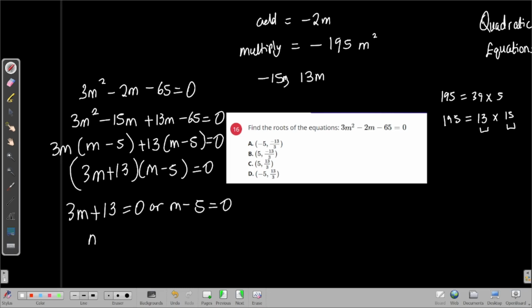Okay, so m is equal to minus 13 over 3, or m is equal to 5. So my answer here is B: 5 comma minus 13 over 3.